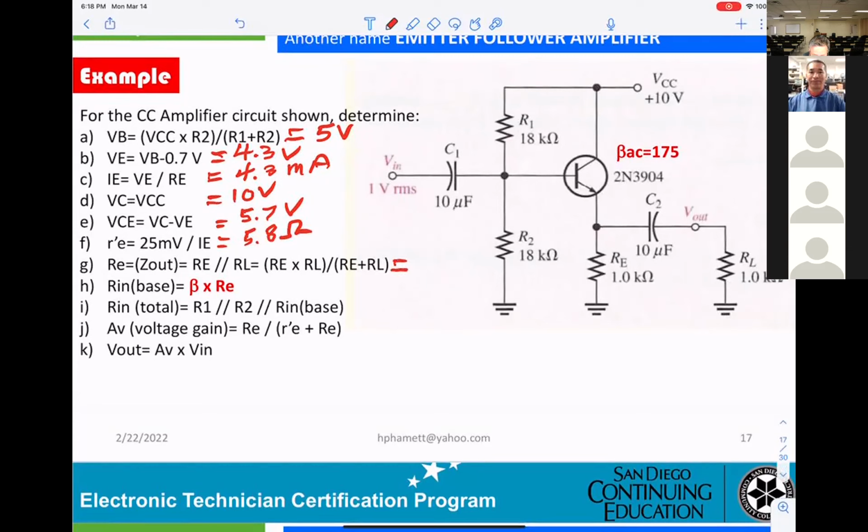And only now you calculate for me number G, RE, or GL, output impedance. Output impedance will be RE, big E parallel RL.